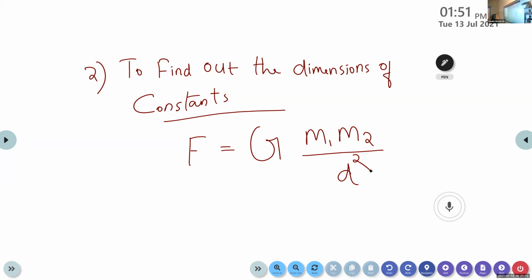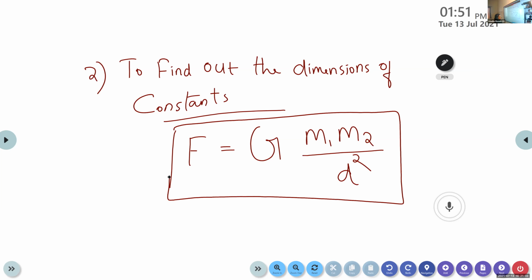According to the universal law of gravitation, the force between any two objects is directly proportional to the product of their masses and inversely proportional to the square of the distance between them. That is, F equals G M1 M2 divided by D square.